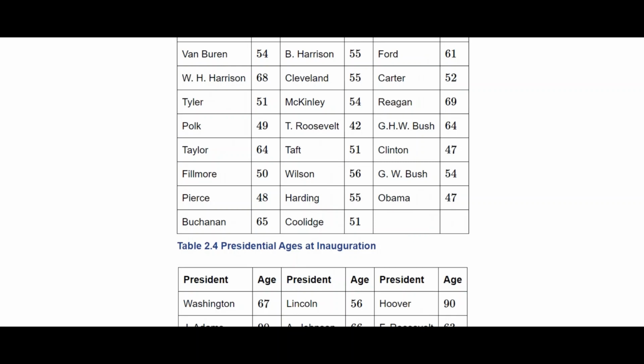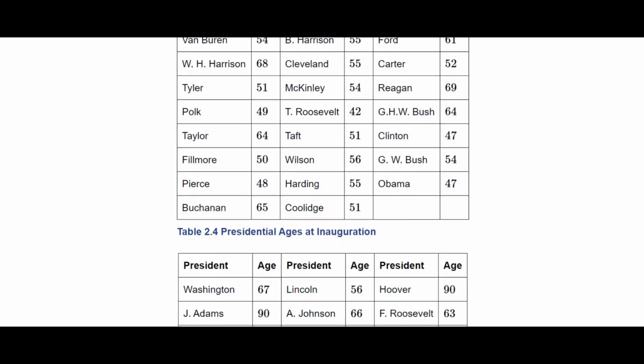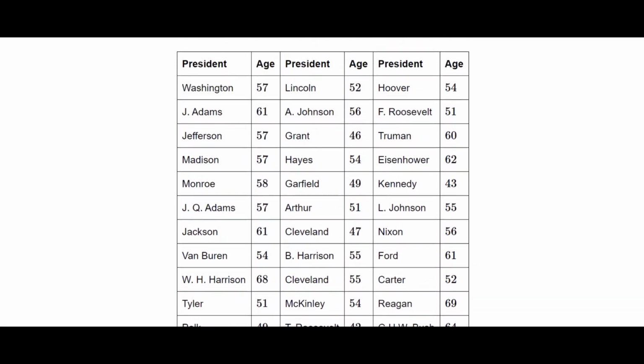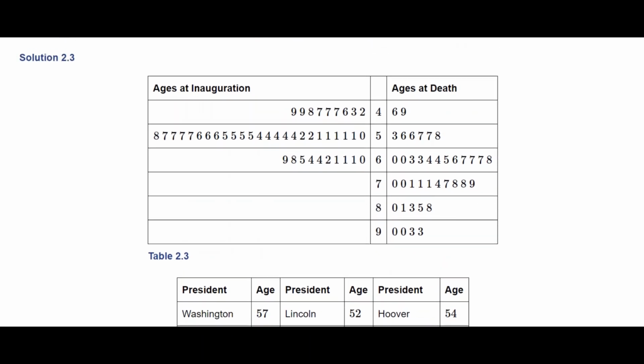Both of these numbers have 4 as the stem and 2 and 6 as their leaves. So we enter 4 here in the column of stem, the central column, and 2 goes in the column of ages at inauguration, and 6 goes in the column of ages at death.